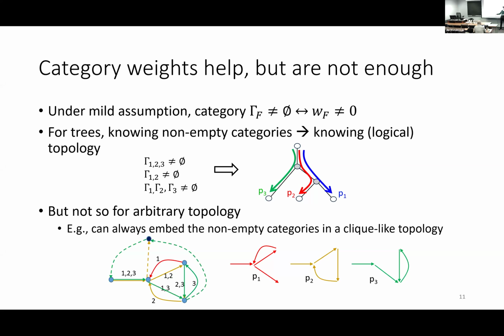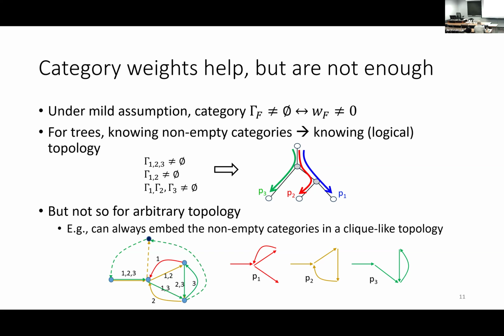I'm not saying this is a good way to infer topology. This is more like a counter example that knowing category information itself doesn't directly give you a unique solution to the topology. So that is a negative result.